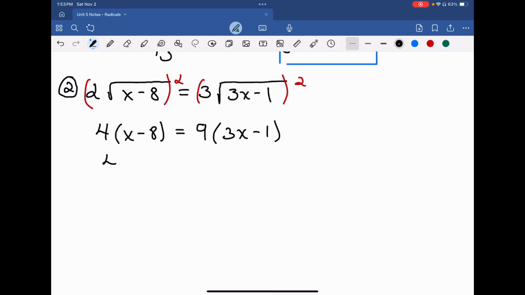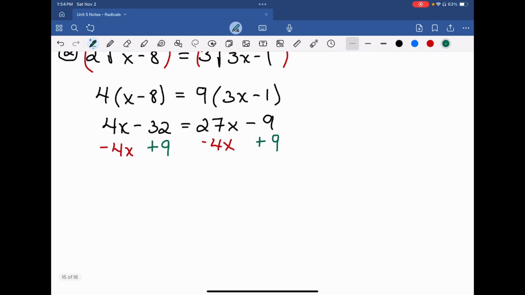Now from here, I'm going to distribute. So this becomes 4x minus 4 times 8. We end up getting 32, which is equal to 9 times 3, which is 27x, and then minus 9. Now, to keep the x's positive, maybe what I'm going to do is move the 4x's over to this side. And then just like we did last time, maybe I combine a step and I add 9 here, and I add 9 here.